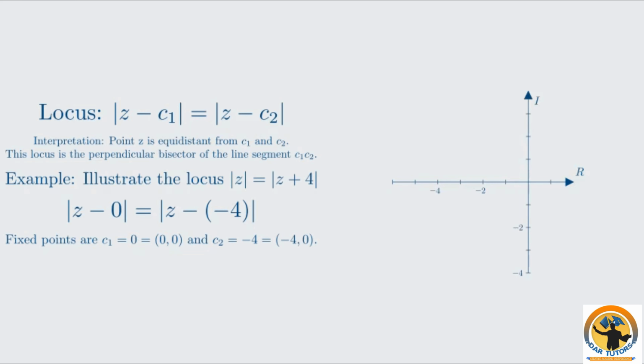The midpoint of the segment connecting them is (-2, 0). The line perpendicular to the real axis at this point is a vertical line passing through x equals negative 2. This is the perpendicular bisector. So the locus of points satisfying the equation is the line x equals negative 2. Every point on this line is the same distance from the origin and from the point (-4, 0).